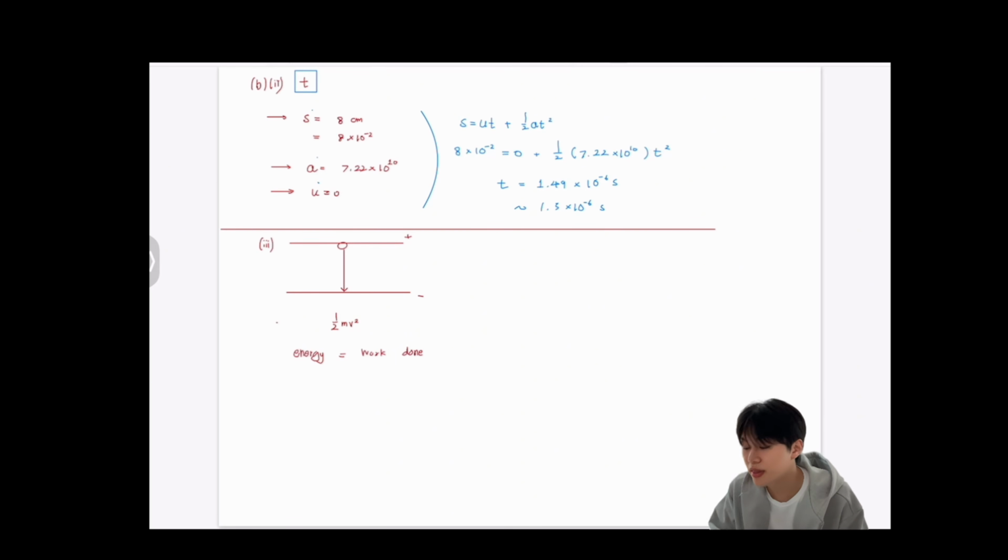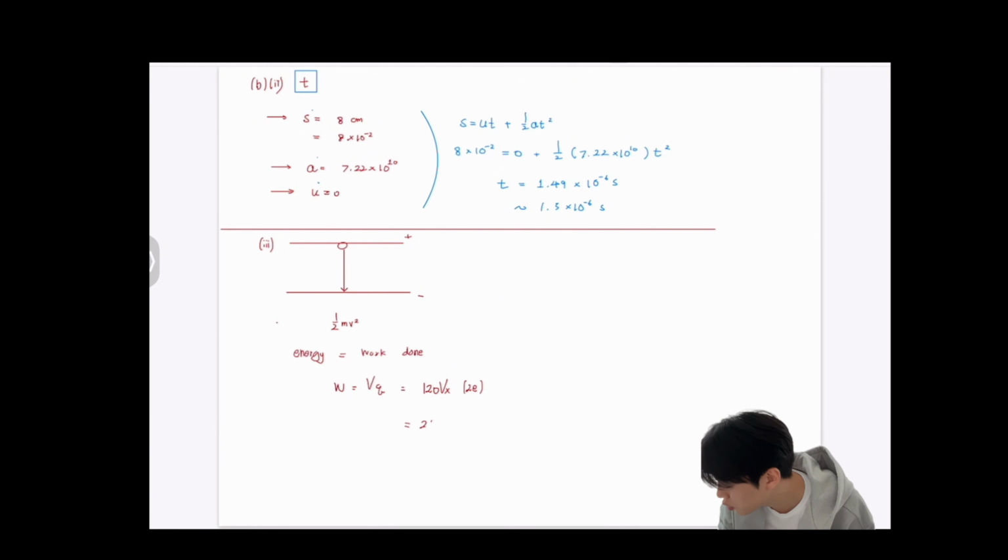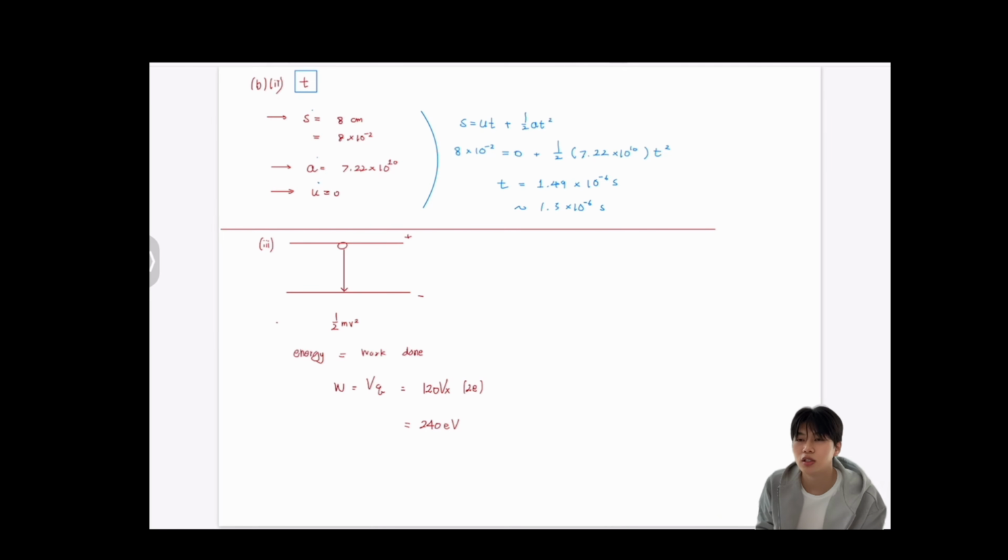The work done in the electric field is always V times Q. We know the potential difference between the plates was 120 volt and the charge, because it's the upper particle, is 2e. So 120 volt times 2e, which is 240 eV. So we don't have to do the unit conversion every single time. It's just 240 eV. Okay, so this is how we solve it.